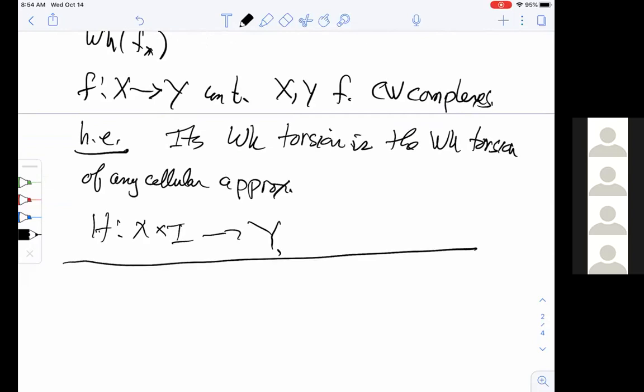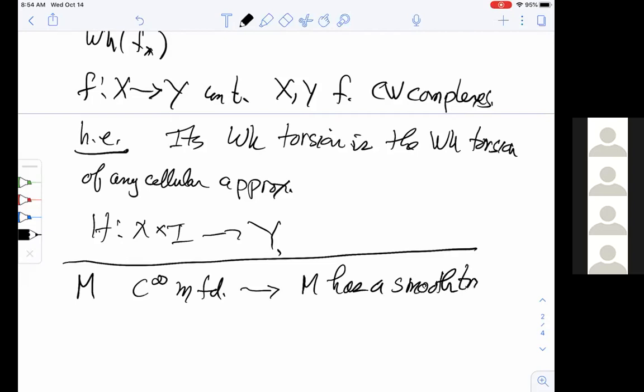And I want to use that for smooth manifolds. So now let M be a C infinity manifold. Well, smooth manifolds have smooth triangulations.